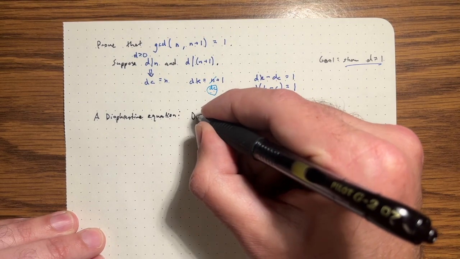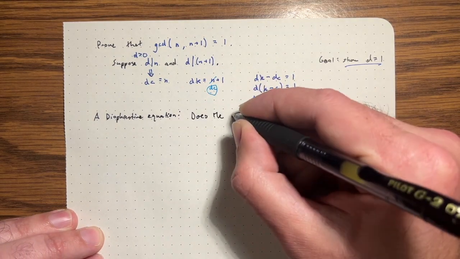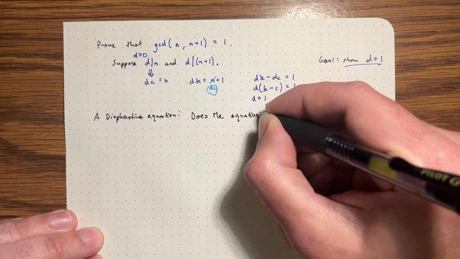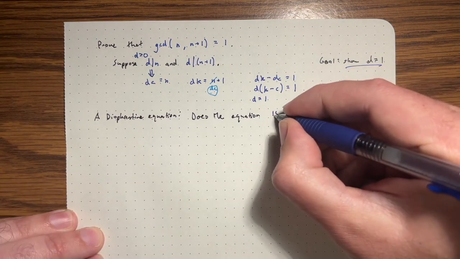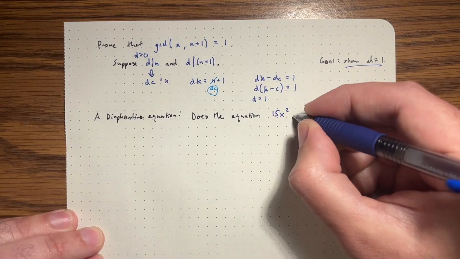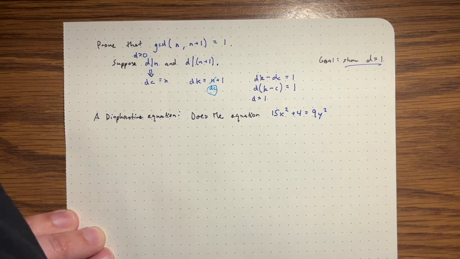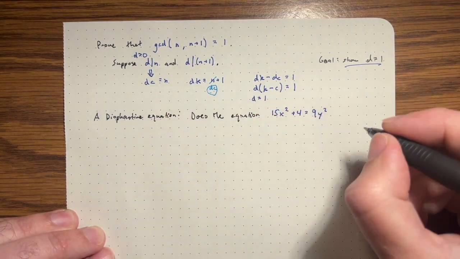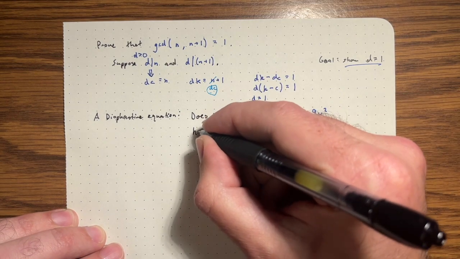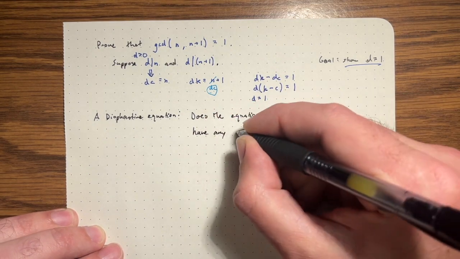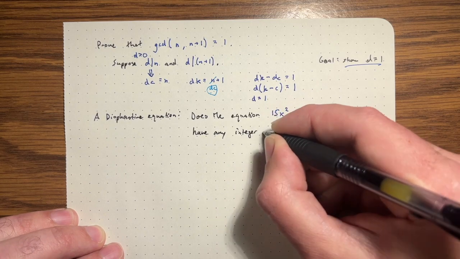Yeah. So does the equation 15x squared plus 4 equals 9y squared have any integer solutions?